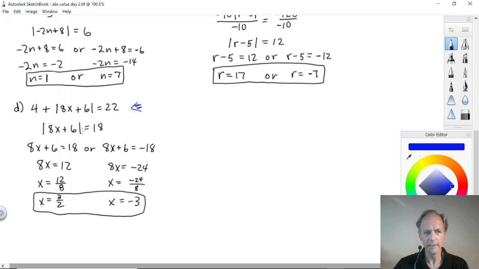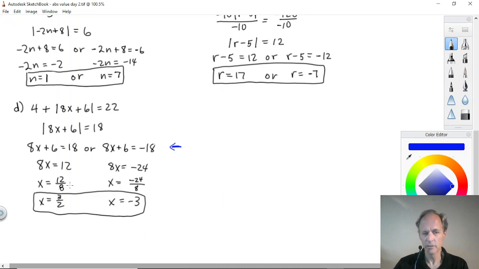Then we split it into these two parts right here. 8x plus 6 equals 18, or 8x plus 6 equals negative 18. Solve both of those, divide both sides by 8.